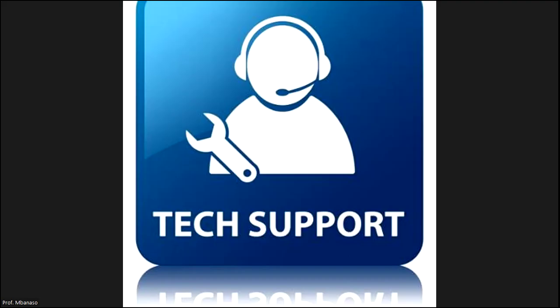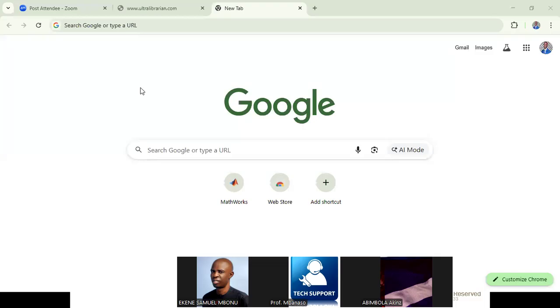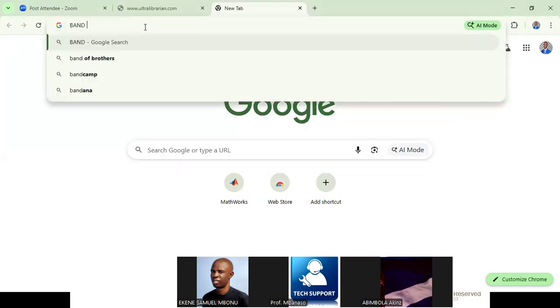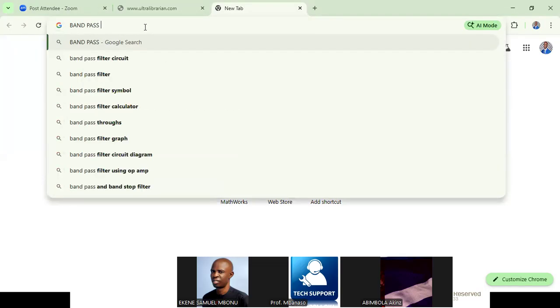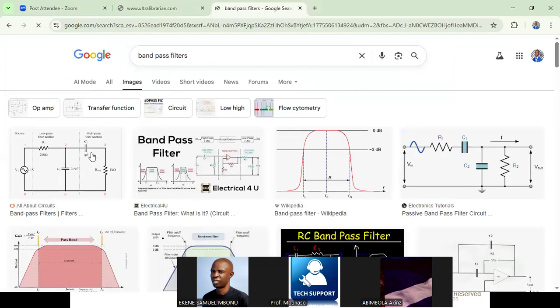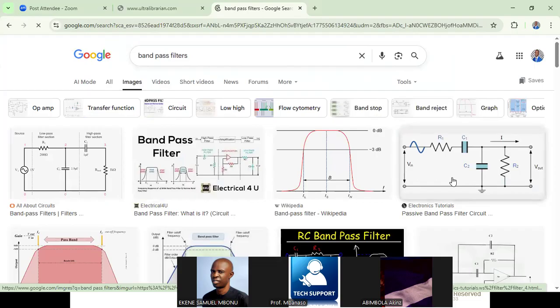Pastor, can you see my screen? Yes, sir, I can see, sir. So let's type band pass filters. You check for the image, the schematic. What do you see here? I'm seeing a diagram.